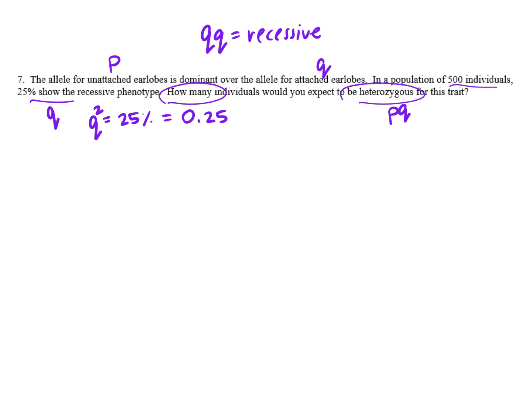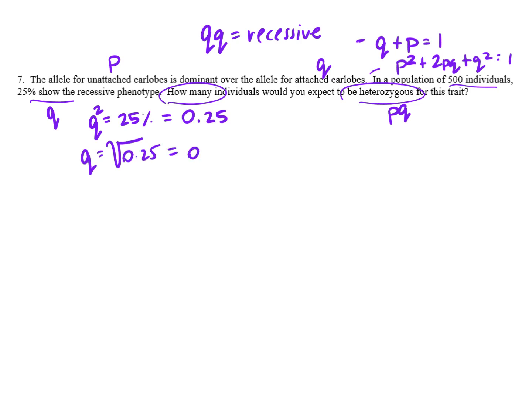And then from there, I'm just going to work the problem. I'm going to remember we have two equations. One is Q plus P equals 1. And the second one is P squared plus 2PQ plus Q squared equals 1. So this one is for just the phenotype, and this one will be for the genotype. So to get Q, I'm going to take the square root of 0.25, because that's how you get Q by itself, and I'm going to get 0.5.